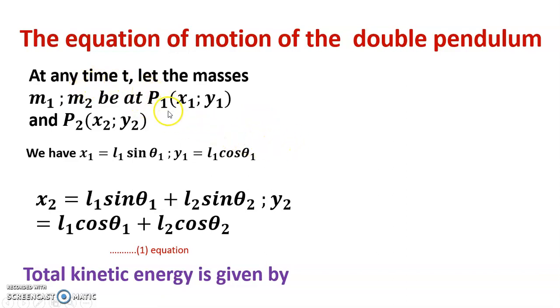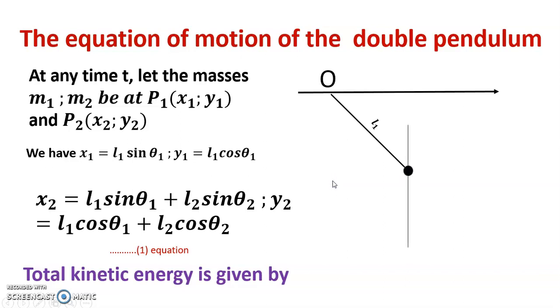Friends, here you see x1 is L1 sin theta 1. Please check my diagram. This is O. This is L1, and this is the mass M1. This position is x1, y1, and this position is x2, y2.